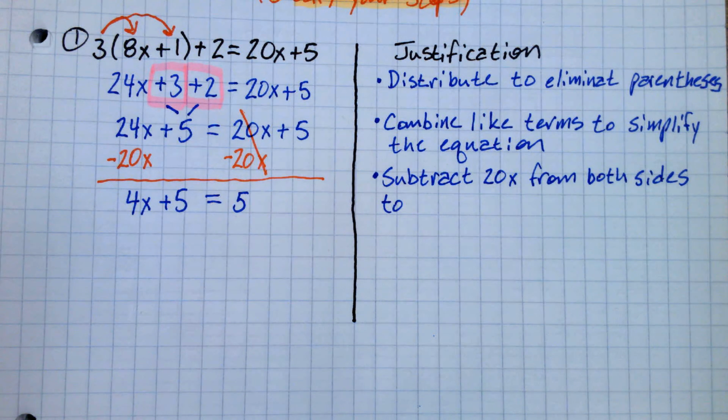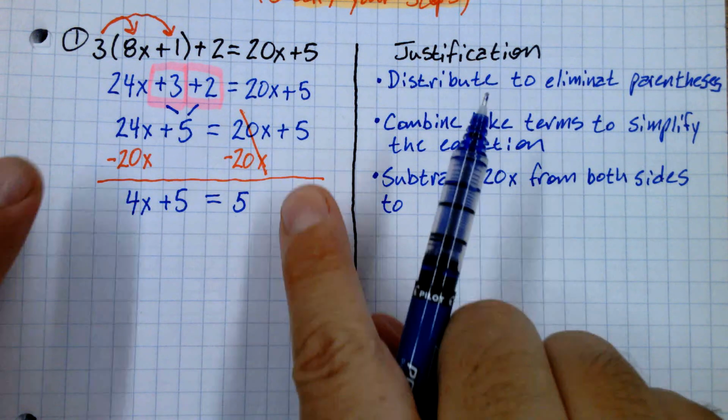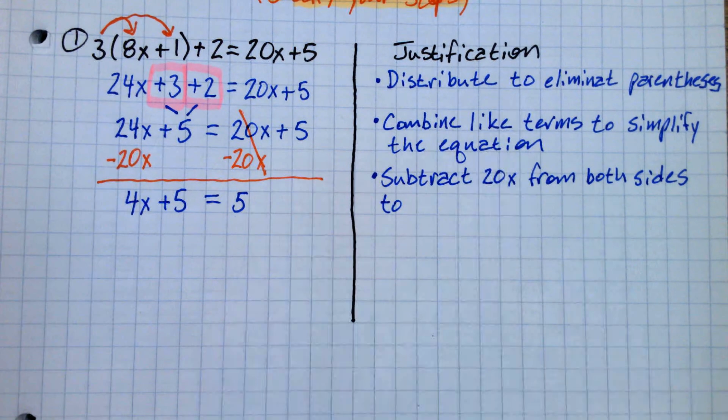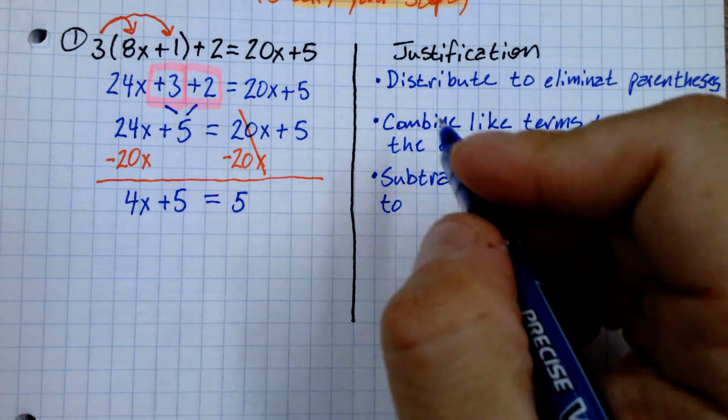What do we get from that? What did subtracting 20x from both sides accomplish for us? Yeah, but specifically, what did it simplify? Okay, to get rid of the variable on the right.